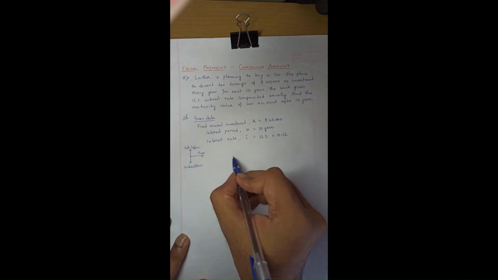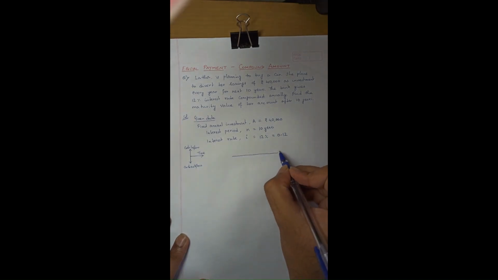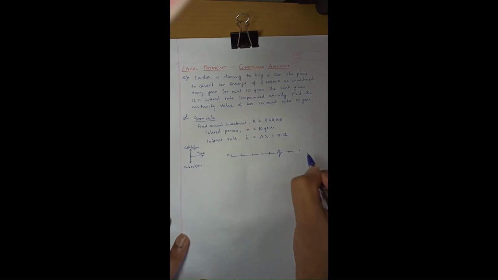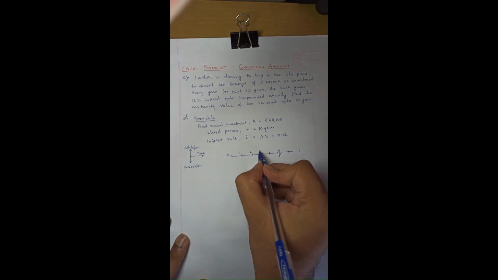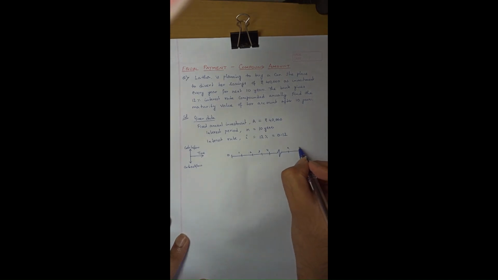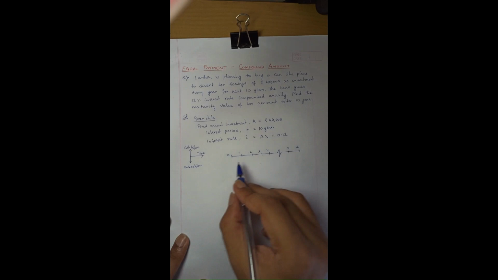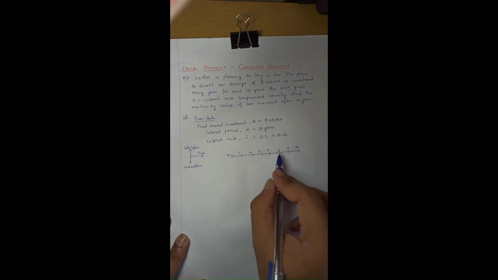So we'll draw the timeline. It starts with 0, 1, 2, 3, 4, 9, 10. You can draw the full time scale, but I don't have enough space. That's why I have shown the continuous mark over here.